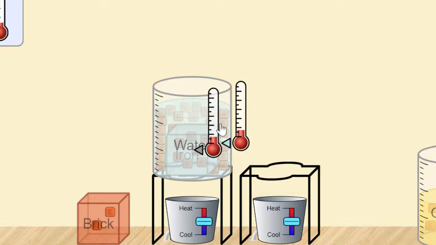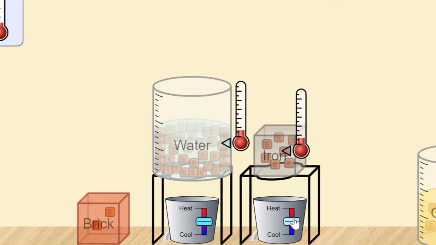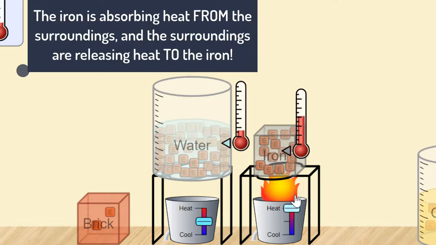And so even think about what's happening when I take this iron out, and as this iron begins to heat up again and the particles are moving faster and faster, you can see how the iron is absorbing heat from the surroundings, and the surroundings is losing heat.